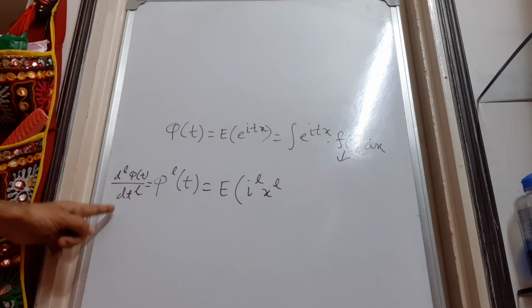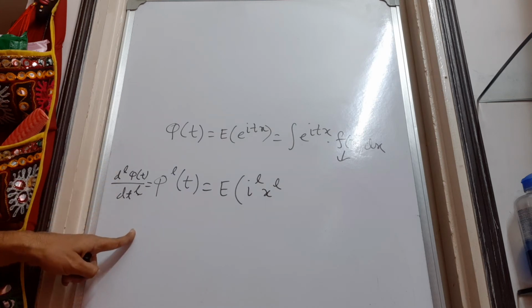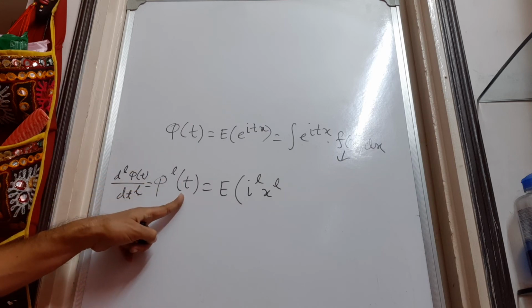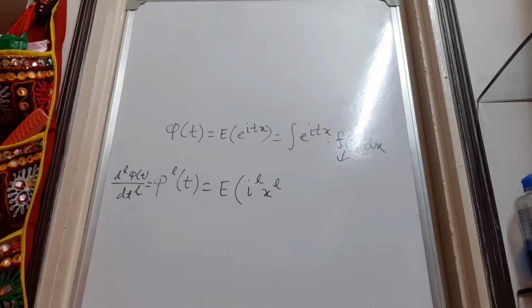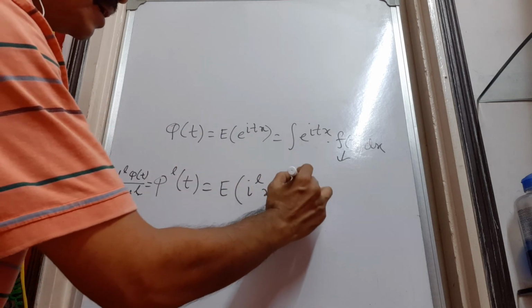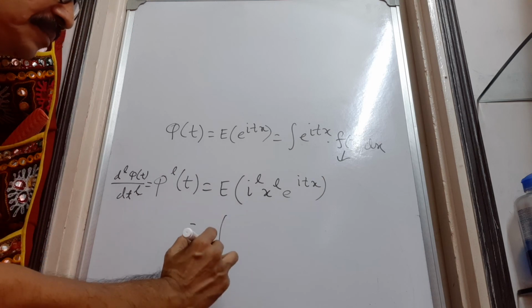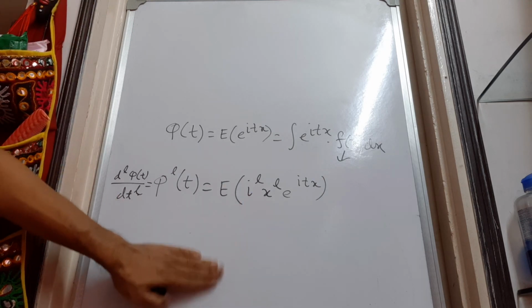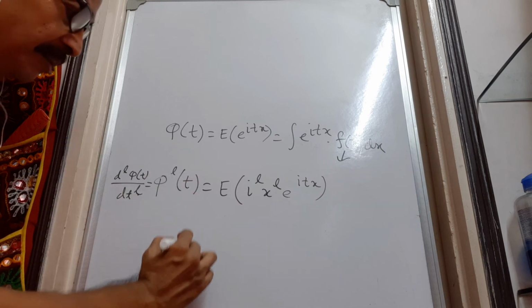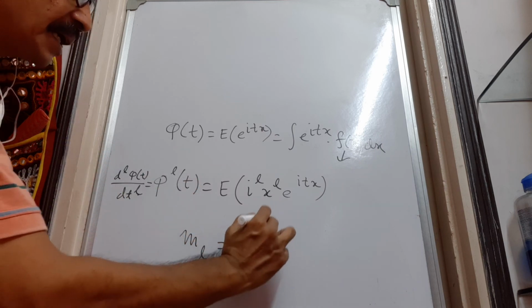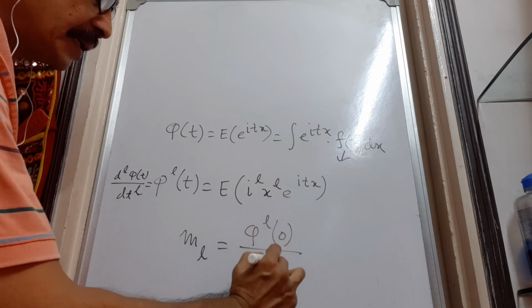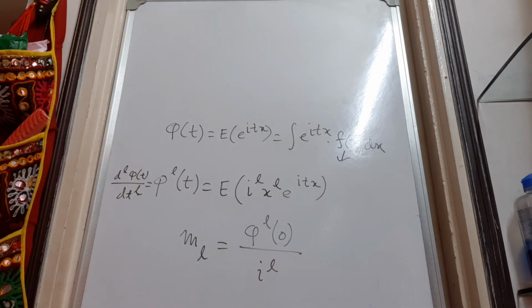So, if we take the derivative to the Lth order with respect to t, and this is differentiation under the sign of integration, which gives us the expectation of i to the power L, x to the power L e to the power i t x, and this comes out to be the formula, which I am not going to write here. You know this. Remember that m L is nothing but this. As we know, i to the power L comes out of the expectation symbol and things look like this.